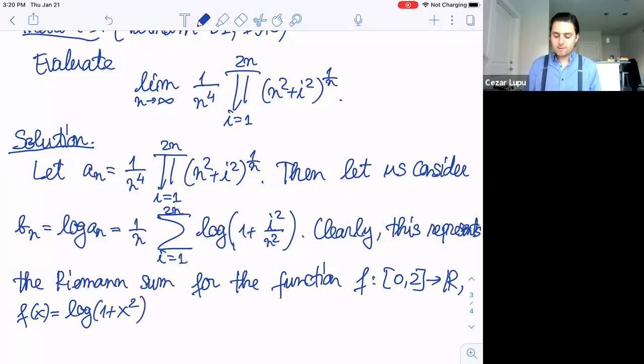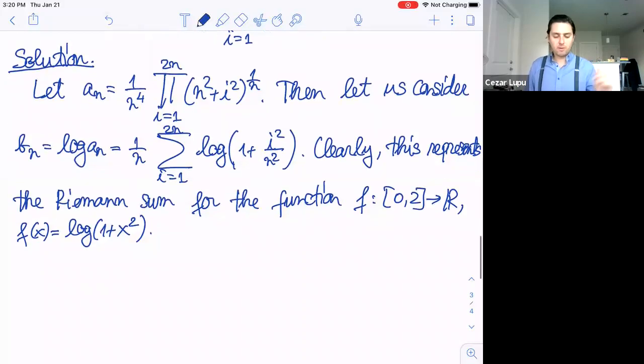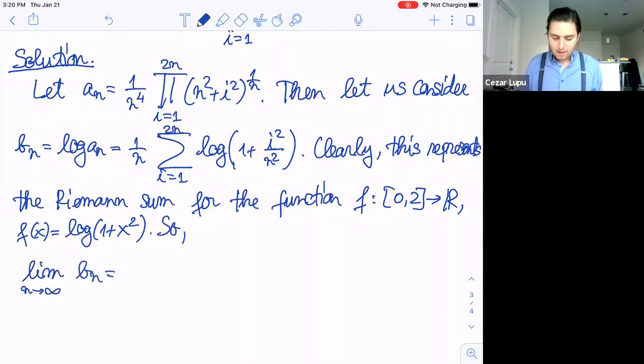Clearly this is a continuous function, it is integrable, so I have no problems. So the limit as n approaches infinity of b_n is nothing else than just the integral, by the Riemann sum, from 0 to 2 of log of 1 plus x squared dx.